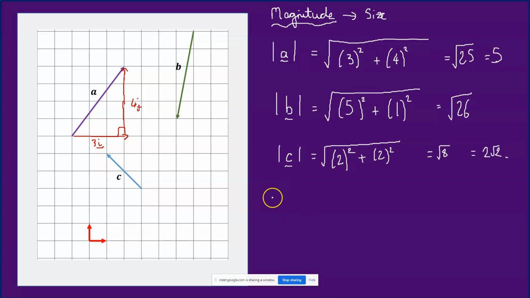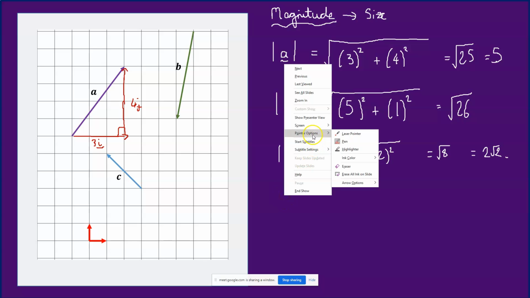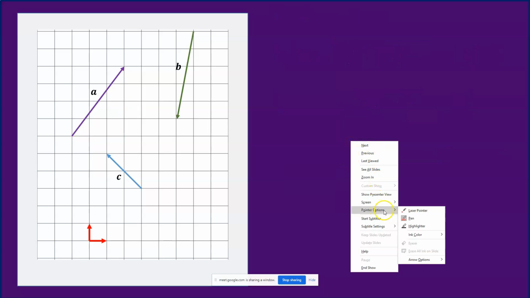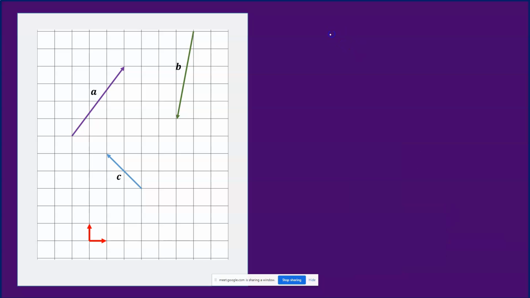So you might be asked to, I'm just going to clear my annotations just for now, you might be asked to basically find the angle A makes with the I direction.